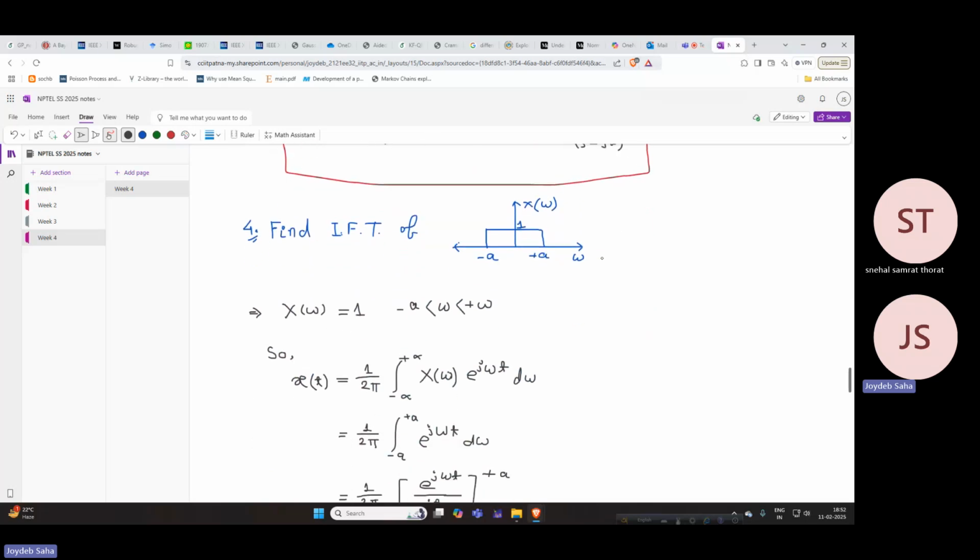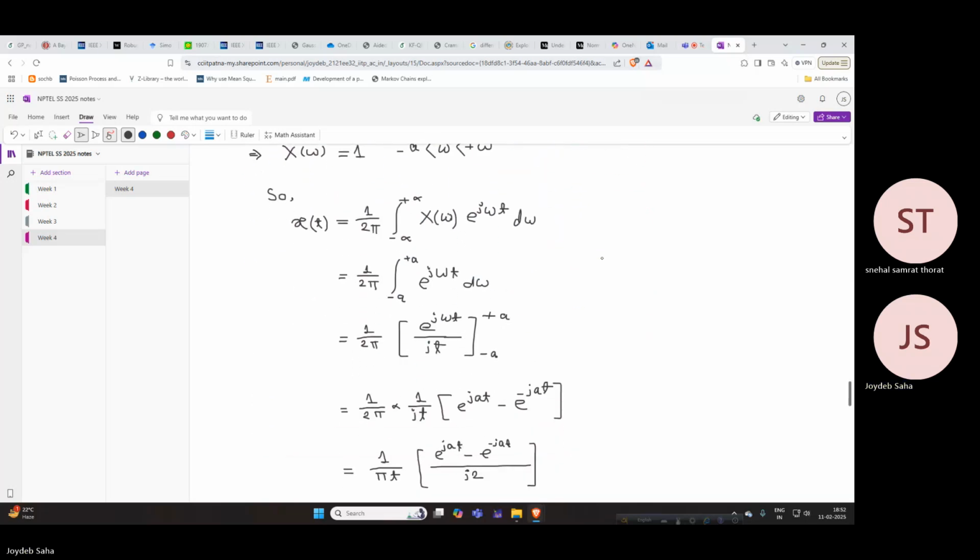Also try to understand this question, how we have solved, and if there is any query, please ask.